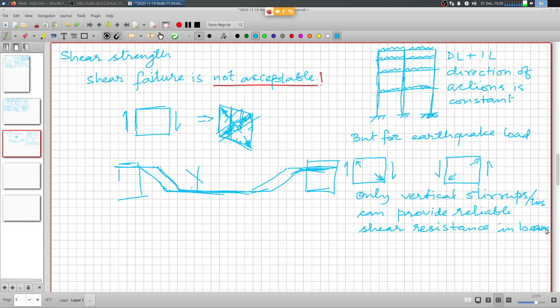And of course the capacity, the shear resistance, depends on the spacing of ties.